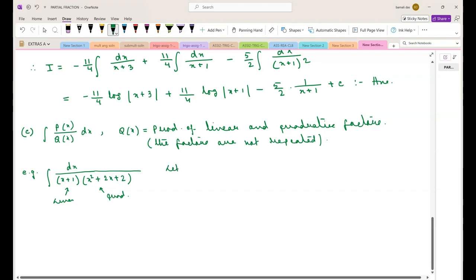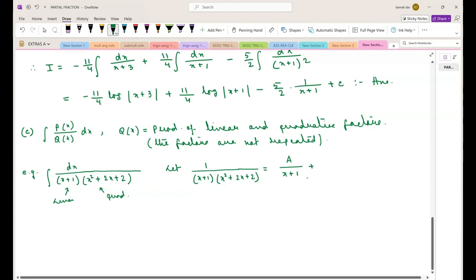Let the integral, that is 1 by x plus 1 x square plus 2x plus 2, be equal to, now for the linear factor the rule is the same as we discussed in cases 1 and 2, that is one constant A for one linear factor x plus 1.